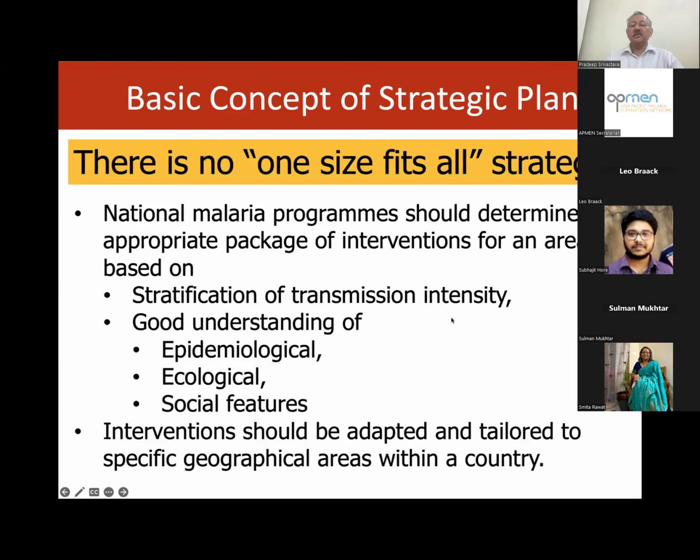Transmission intensity without vectors, if we want to measure it, is by and large taken as annual parasite incidence or malaria case incidence. But once it is taken with the entomological parameter, this becomes a little more complex. So when you are doing it for the first time, you should look at where the transmission is more or where the number of cases is more, and then accordingly plan the intervention, which we will talk about in a minute.